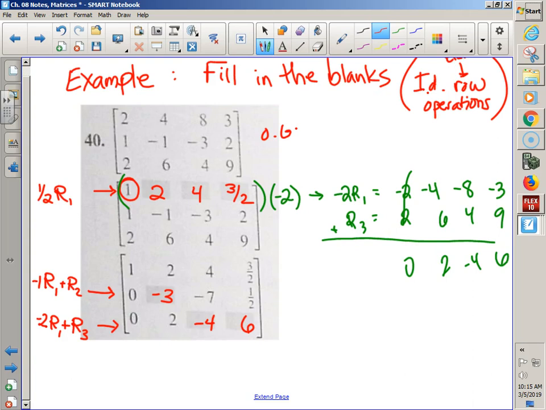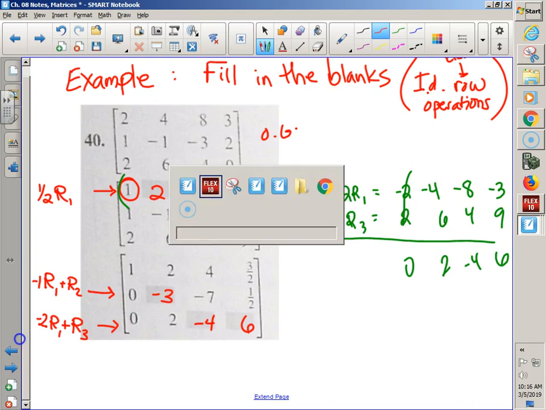How do we get 1s? Divide or multiply by the reciprocal. How do we get zeros? Take the row with the 1 you just got, multiply it by the opposite of whatever's in the spot you're trying to get rid of, and then add. Boom, boom, done.